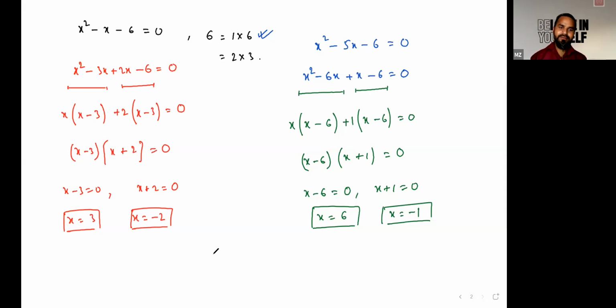Just see, if you have x square minus 5x minus 6 is equal to 0, and you break your middle term as x square minus 2x minus 3x minus 6 is equal to 0, check whether these terms can be paired on the basis of their polarity or not.